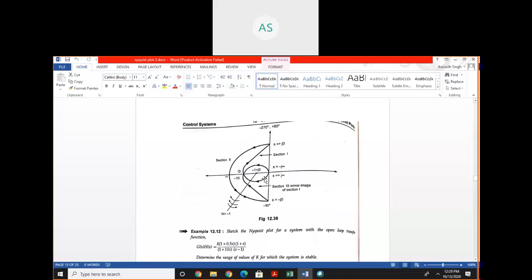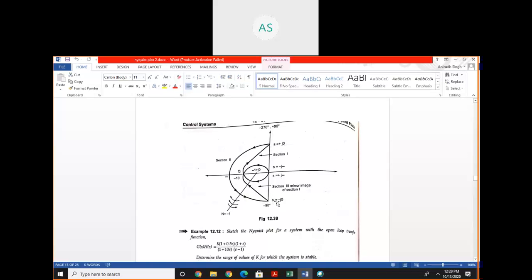So first, angle is minus 90 and magnitude is 0. Then this is the polar plot for the open loop transfer function.